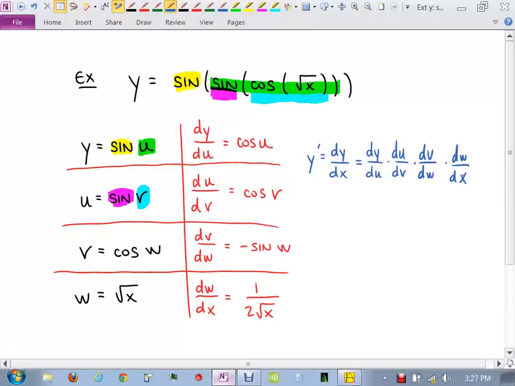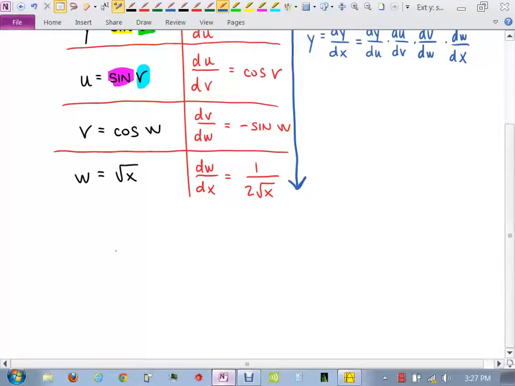And then that means you just multiply those all together again, right? So all I'm really doing at the end of the day is I'm taking this right column here, and I'm multiplying all those answers together. Cosine u times cosine v times negative sine w times 1 over 2 root x.